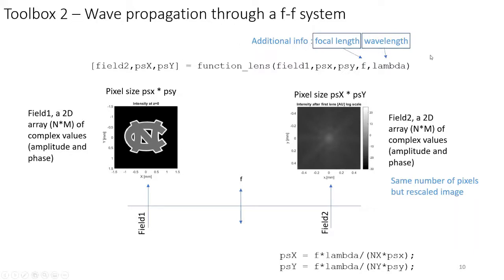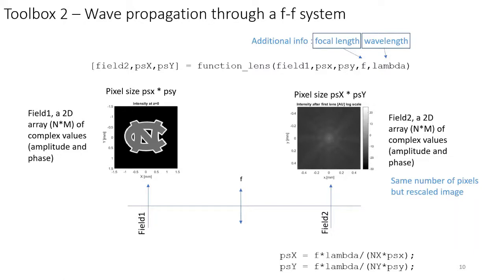If you use this operator, specifying the focal length and the wavelength, it will output a complex field, which you visualize right here, but also the PSX and PSY that represent the pixel size in this secondary complex field. Now you go back to your optics book and say, well, what happens if I put two lenses?